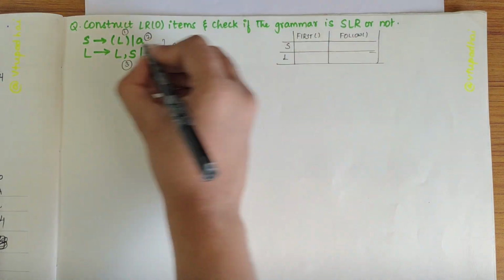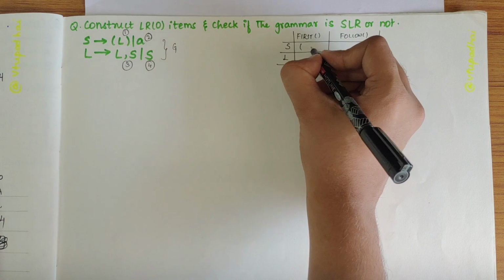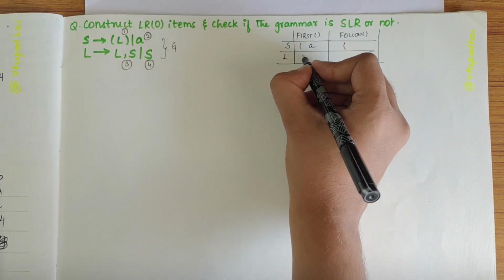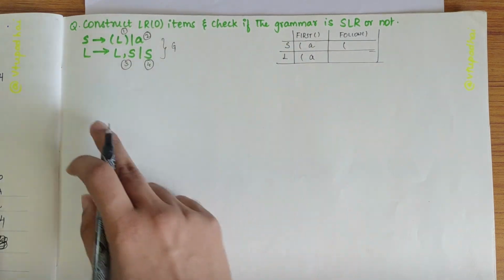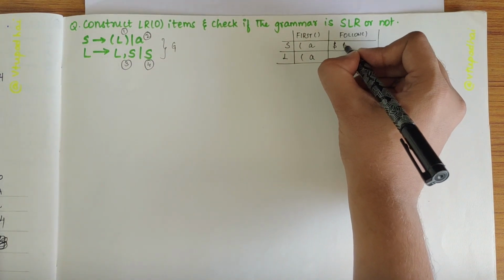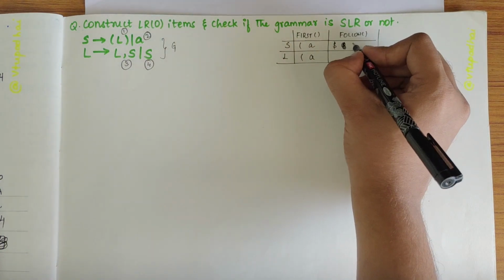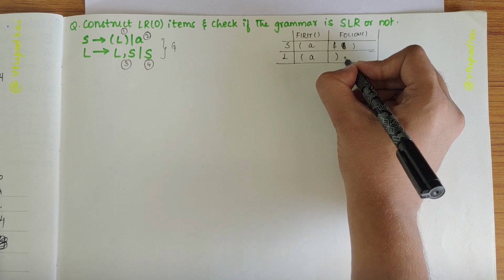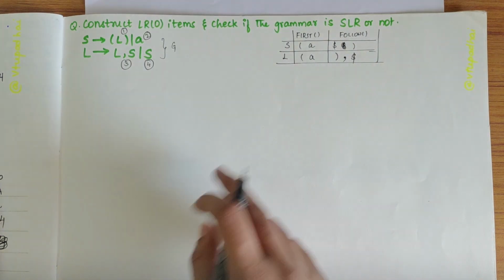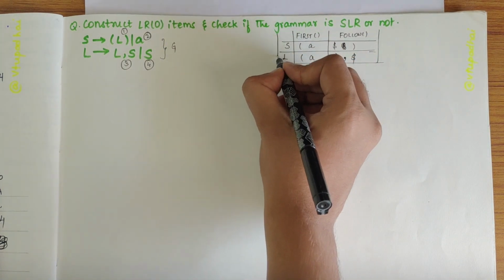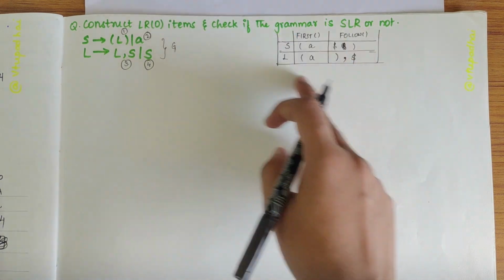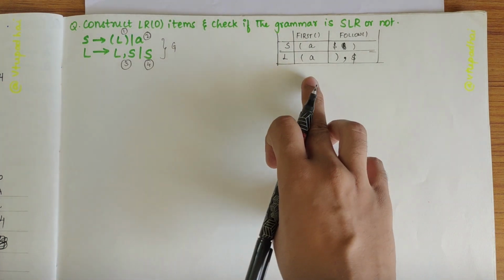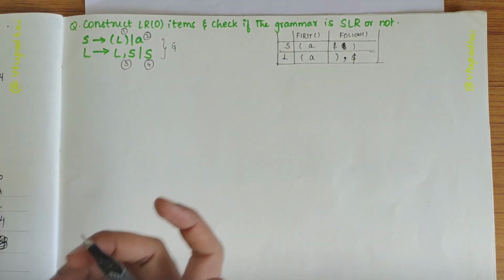First of S would be open bracket and A, and first of L would also be the same, open bracket and A. Coming to follow of S, I'll have a dollar and then a close bracket, and for L I'll have a close bracket, comma, and a dollar. If you don't know how to find the first and follow, do watch my previous videos. I've explained with the algorithm how to find first and follow stepwise.